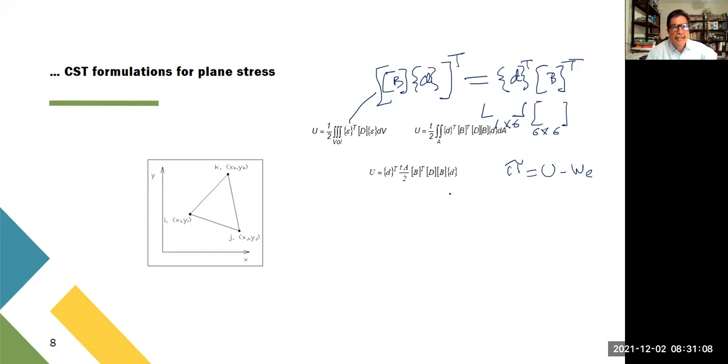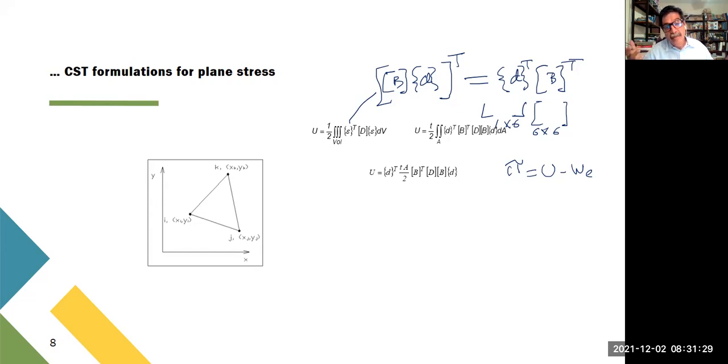So we have to differentiate this with respect to what? In this case, what we have done is we have assumed the interpolation, and the only parameters that can be changed are the displacements at the joints.